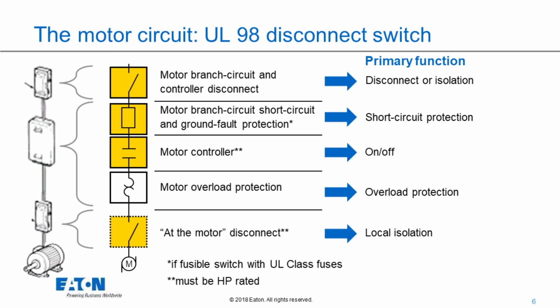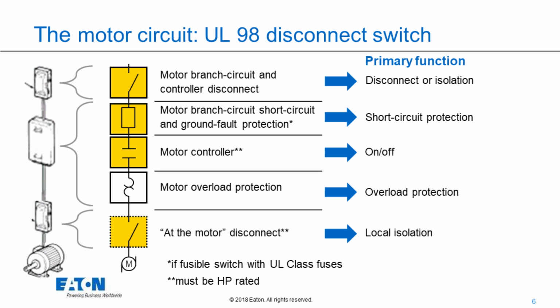If you look on the left, I don't know if you can see my little arrow. The second device down, the first one's a disconnect, would be like a combination motor controller, which would provide short circuit, motor controller and overload protection.